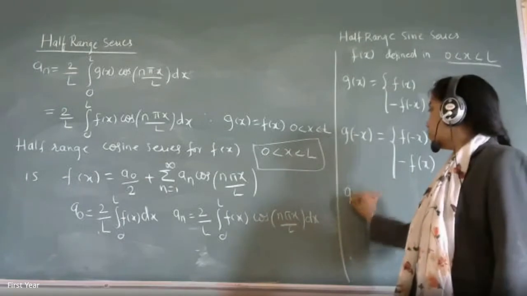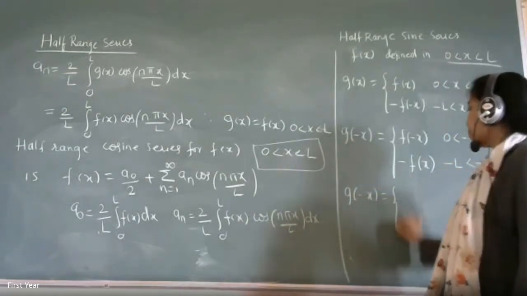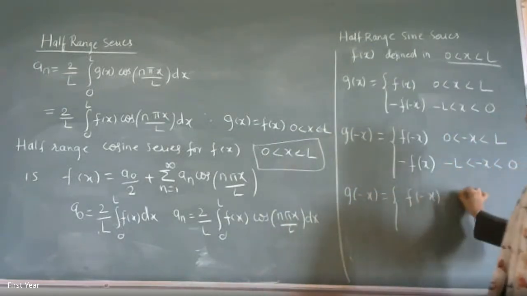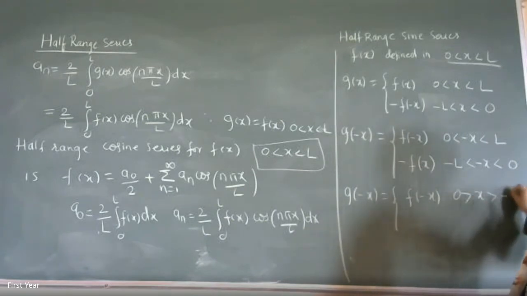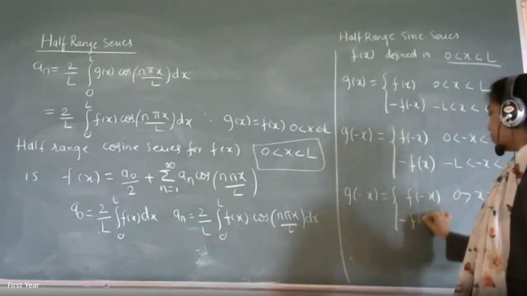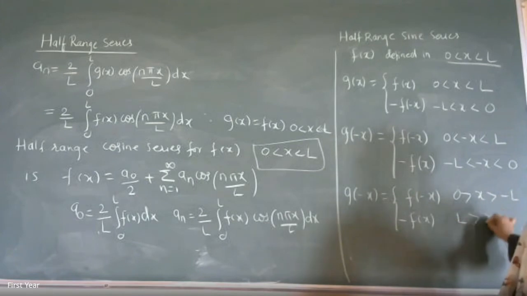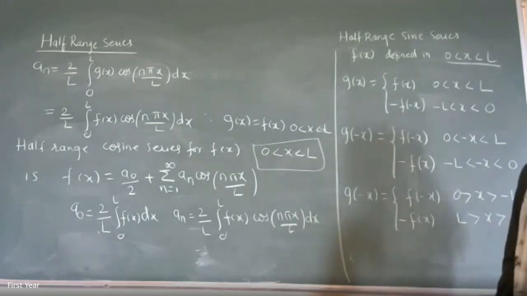So therefore, g of minus x will become f of minus x for 0 greater than x greater than minus l, and minus of f of x for l greater than x greater than 0, multiplied by minus.